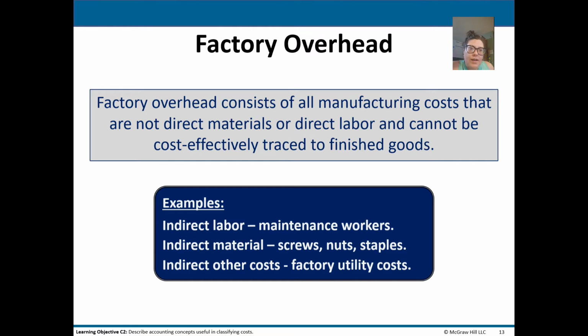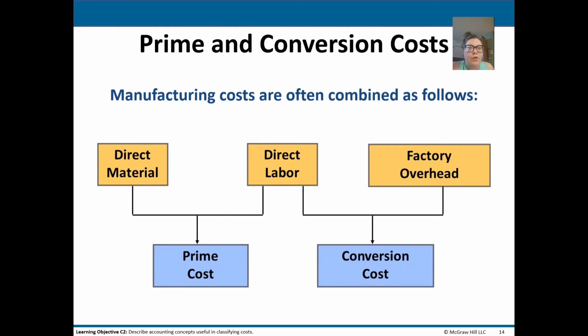And you'll see on the slide here that there's some overlap. Direct labor is the one that overlaps. Your prime costs include both direct material and direct labor, whereas your conversion costs, as the name suggests, are the costs that are used in converting the raw material to the finished goods. So that includes both direct labor and factory overhead.